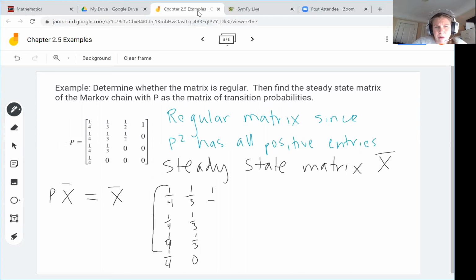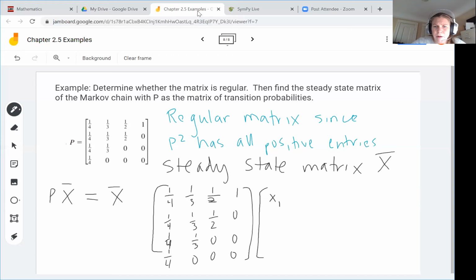So I'm just copying our transition matrix here as a coefficient matrix. And we can think about, well, let's multiply that by some steady state matrix.